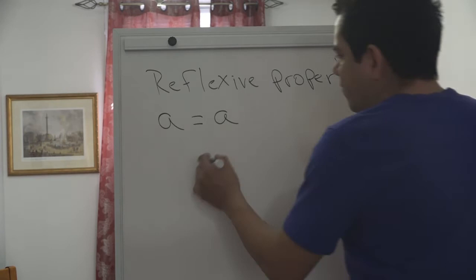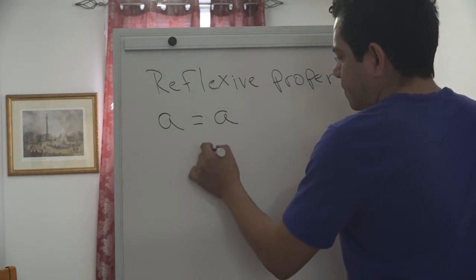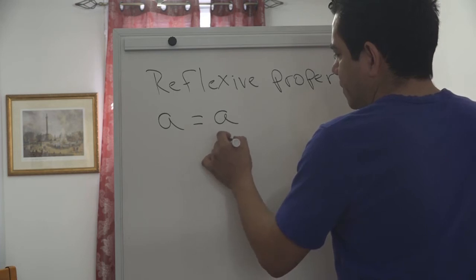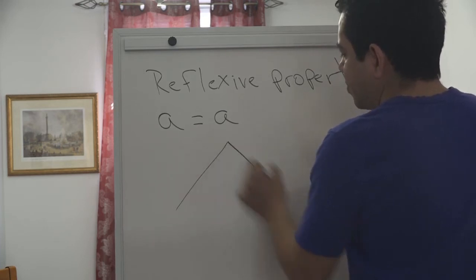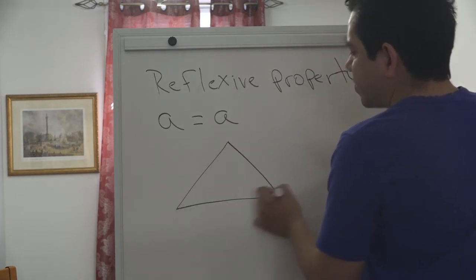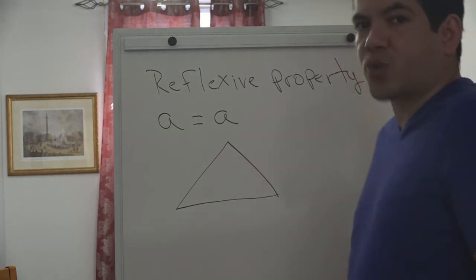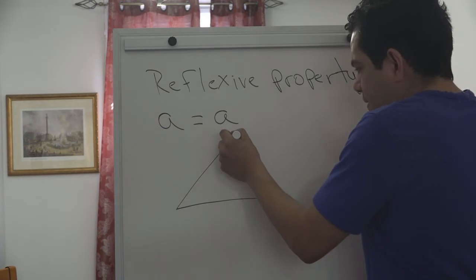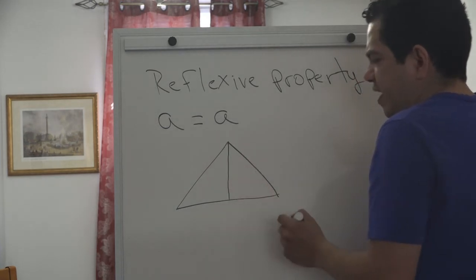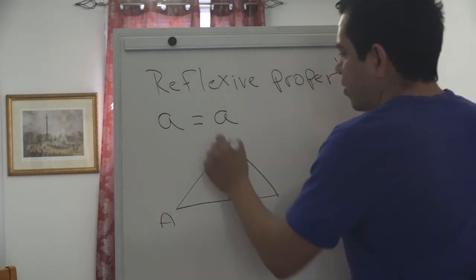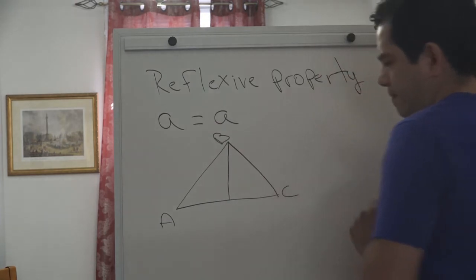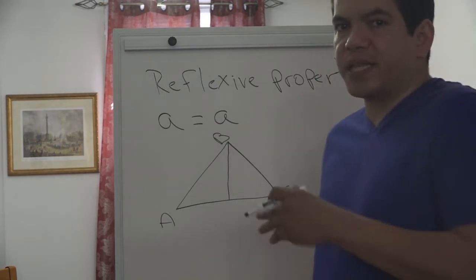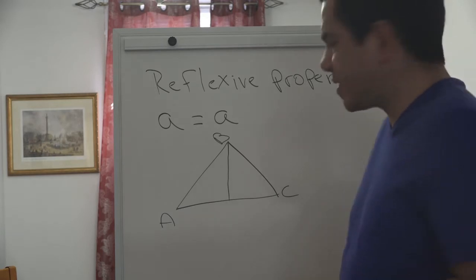Well, imagine if you had a triangle like this. Let's pretend this is an equilateral triangle, and now there is this altitude right here. Let me label this triangle A, B, and C. You should be writing this on loose leaf paper, just in case.